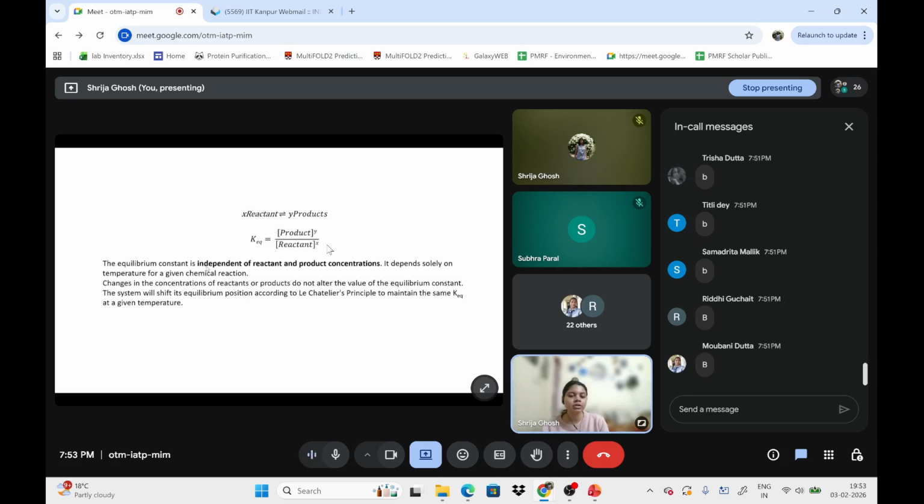If you are increasing the concentration of reactant, the equilibrium will shift towards the product side, and the reaction will attain a new equilibrium where the value of the equilibrium constant will be the same. Changes in the concentration of reactants and products do not alter the value of the equilibrium constant. The system will shift its equilibrium position according to Le Chatelier's principle to maintain the same K at a given temperature.